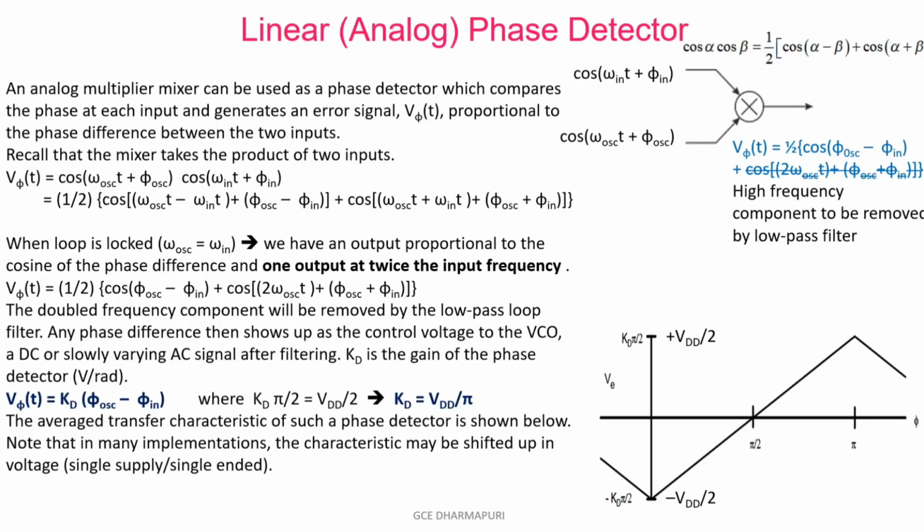That is the maximum it can vary, up to VDD by 2, because it cannot reach VDD. Okay, so the maximum phase difference is 0 to 180 degrees. So this graph shows the average transfer characteristics of such a phase detector.